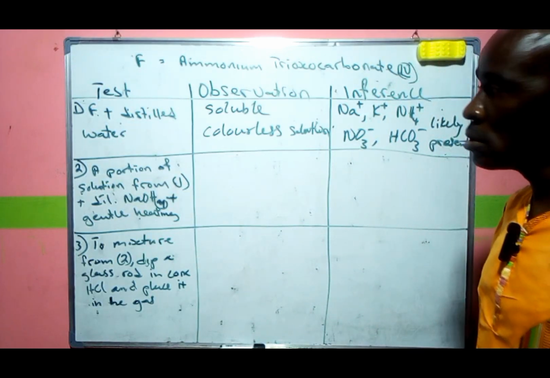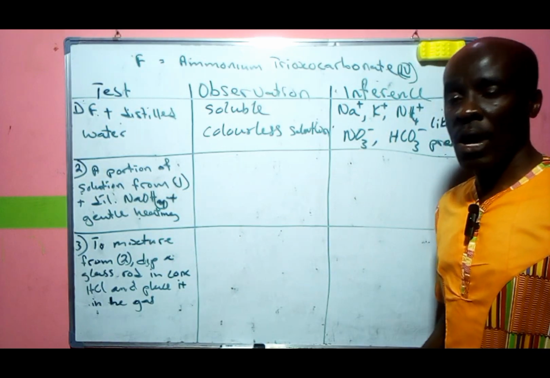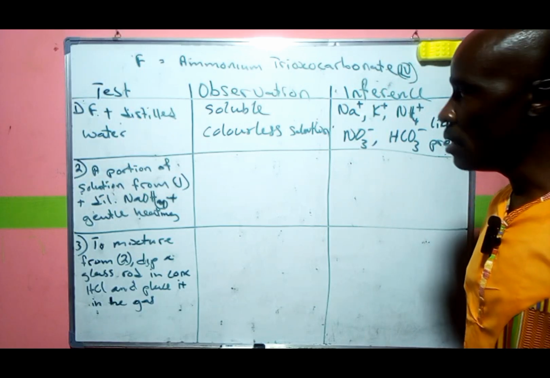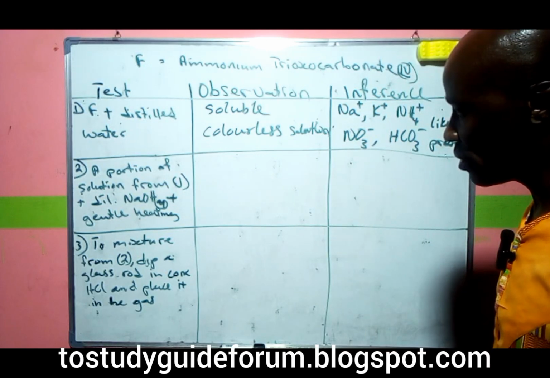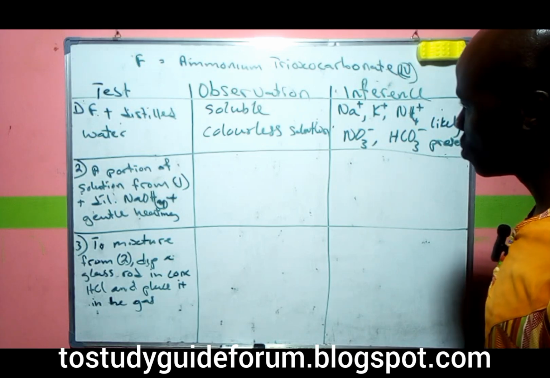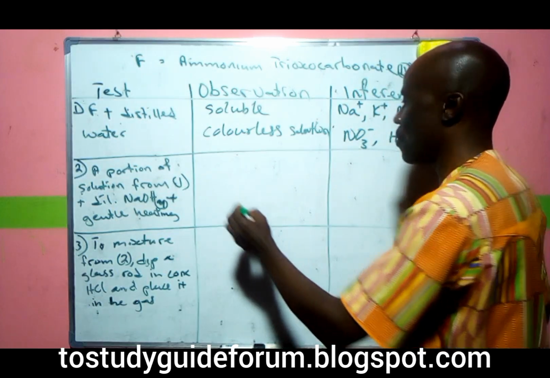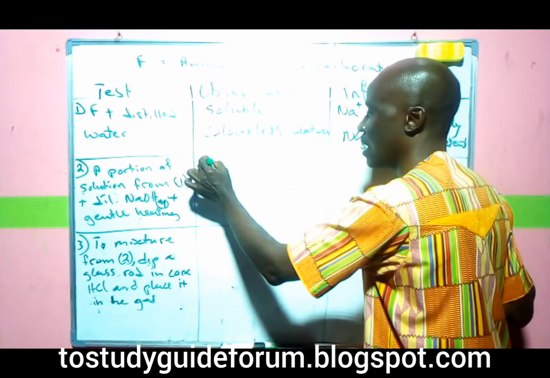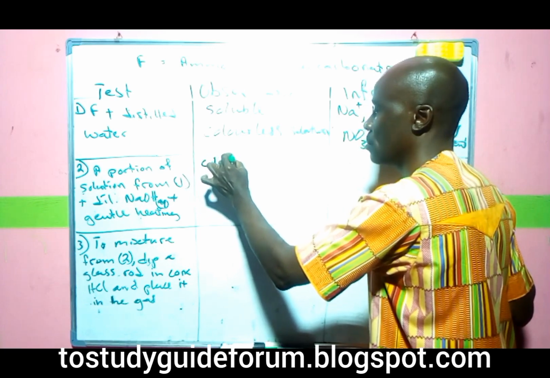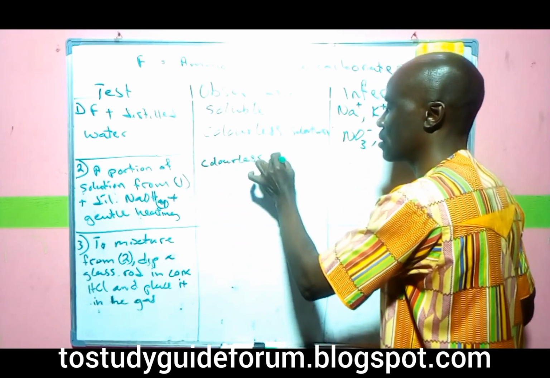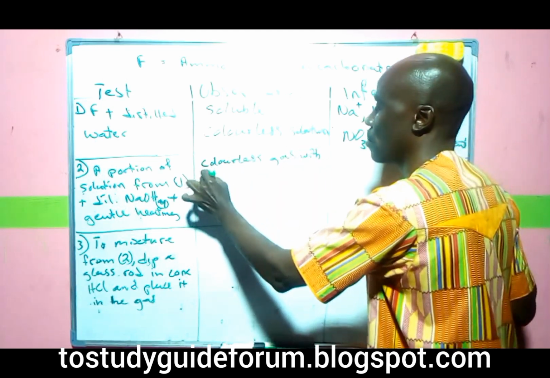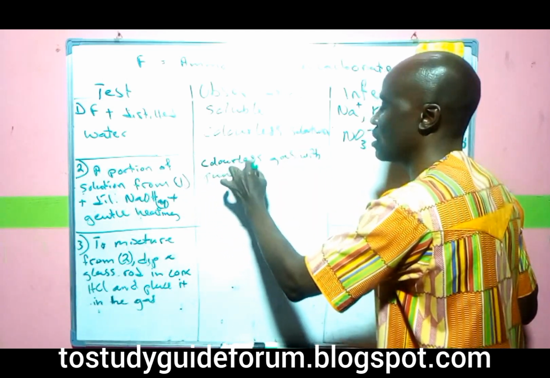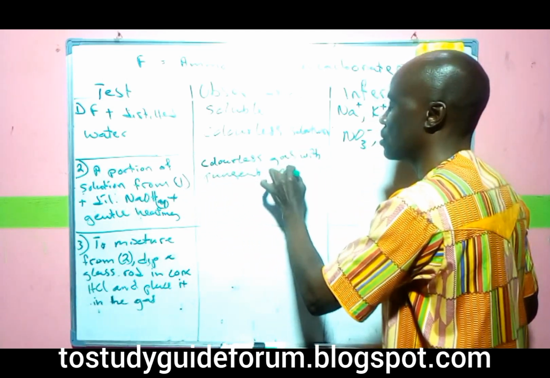All ammonium salts liberate ammonia on heating with sodium hydroxide. So on heating this, what you observe is a colorless gas with a pungent smell.